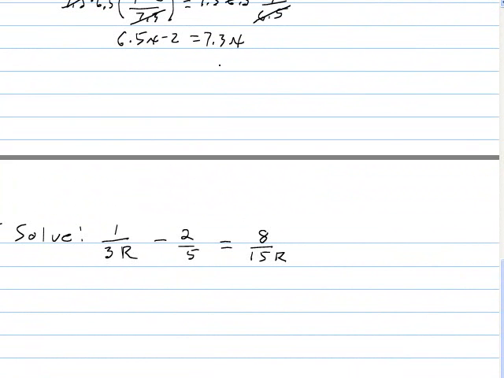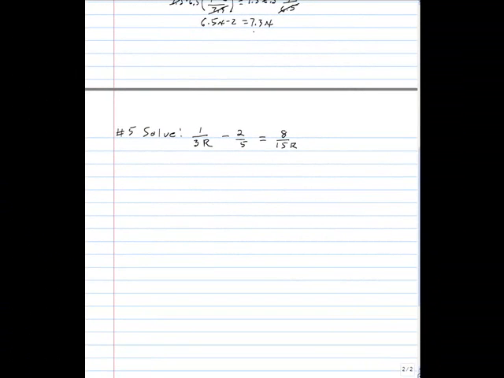Okay, the next step says get your x terms to one side and your non-x terms to the other, and I have two choices here. I could move the 7.3x to the left, and I could move the negative 2 to the right, or I could just move the 6.5 to the right. That's what I'm going to do. That will do my job in one move instead of two moves. And also I'm using kind of a rule of thumb here.